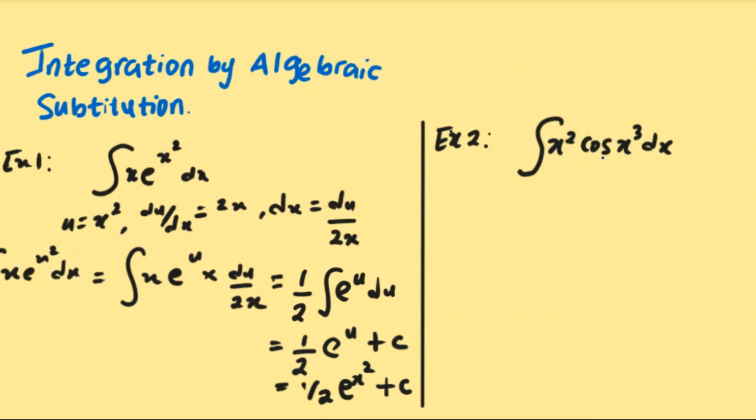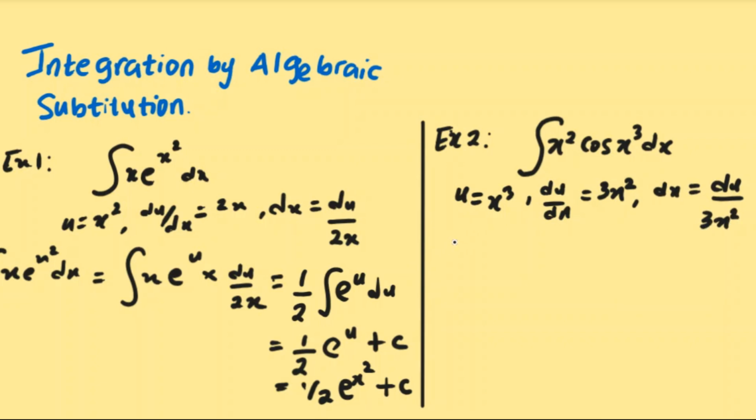The standard form of cos here will be just cos x. So let's see how we can reduce this. If we say let u be equal to x raised to power of 3, it means that du dx will give us 3x squared, which therefore means that dx will give us du divided by 3x squared.